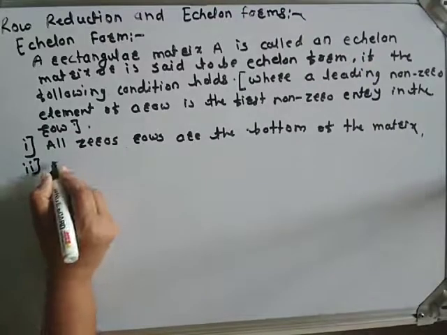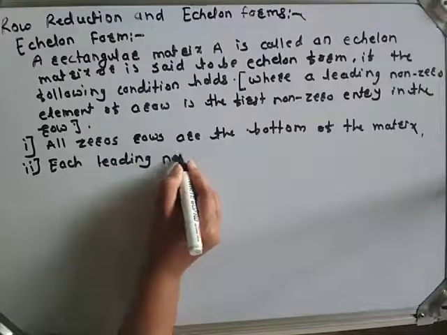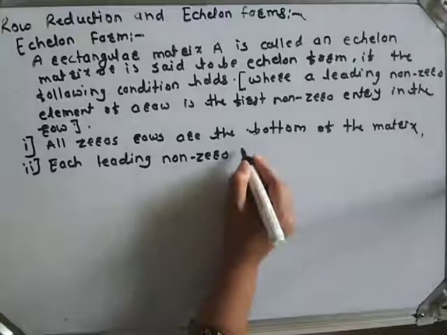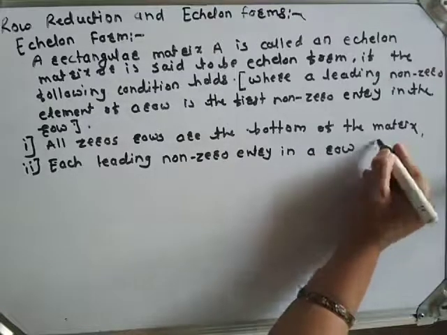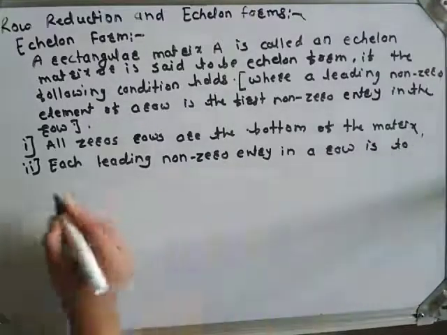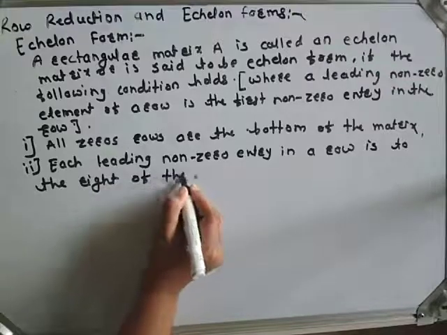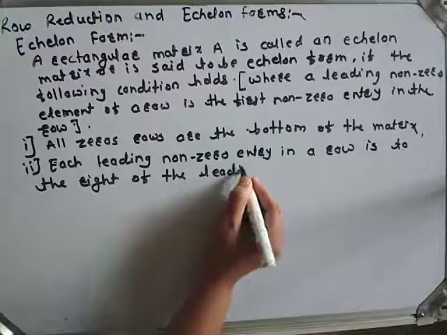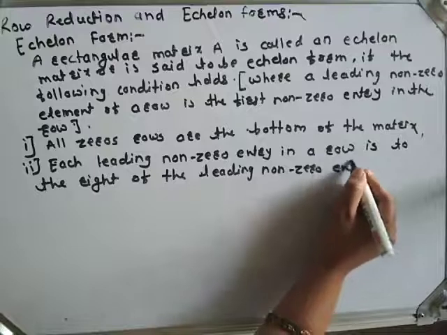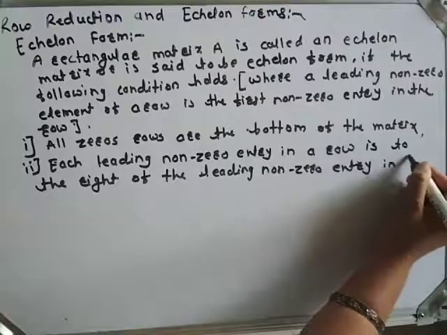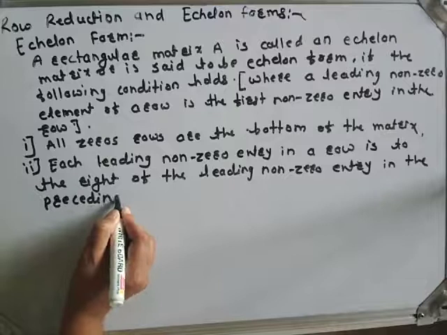Second condition is each leading non-zero entry in a row is to the right of the leading non-zero entry in the preceding row.